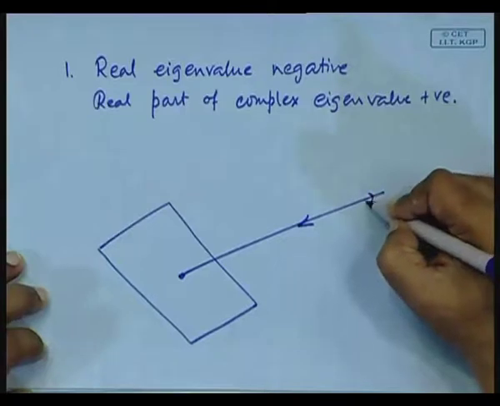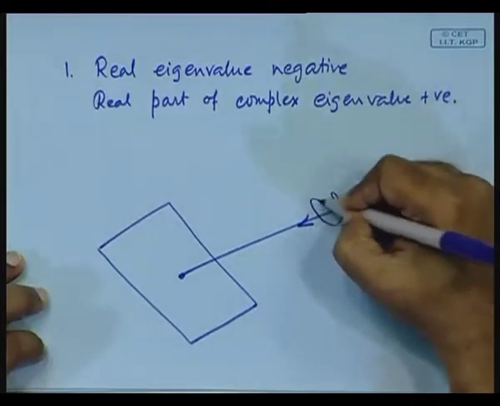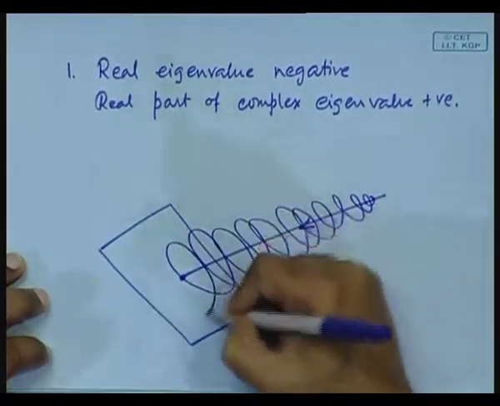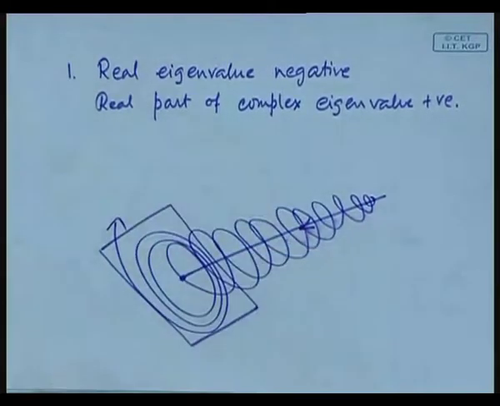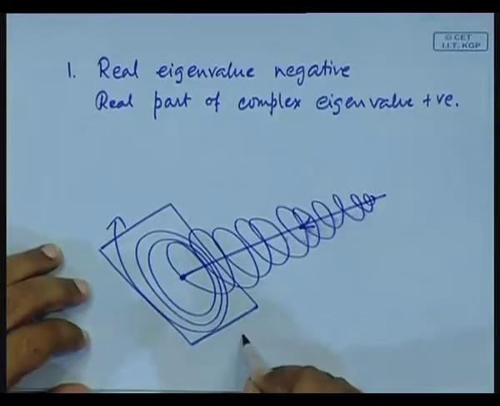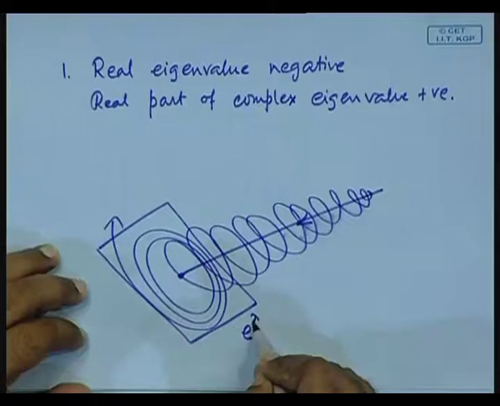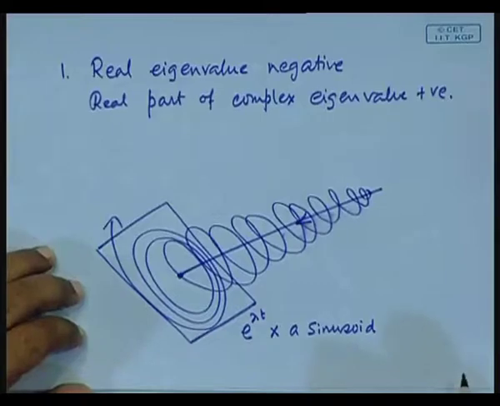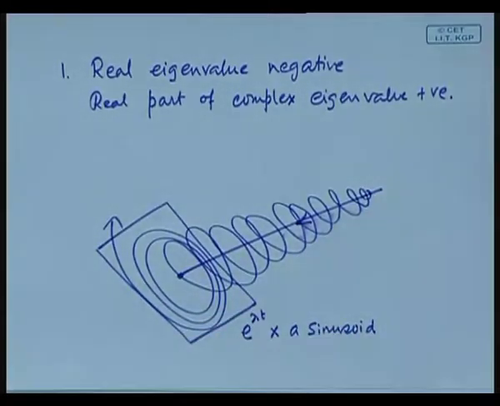So, on this plane it will be e to the power lambda t, which is positive, times a sinusoid, and in this direction it will be just a decay.